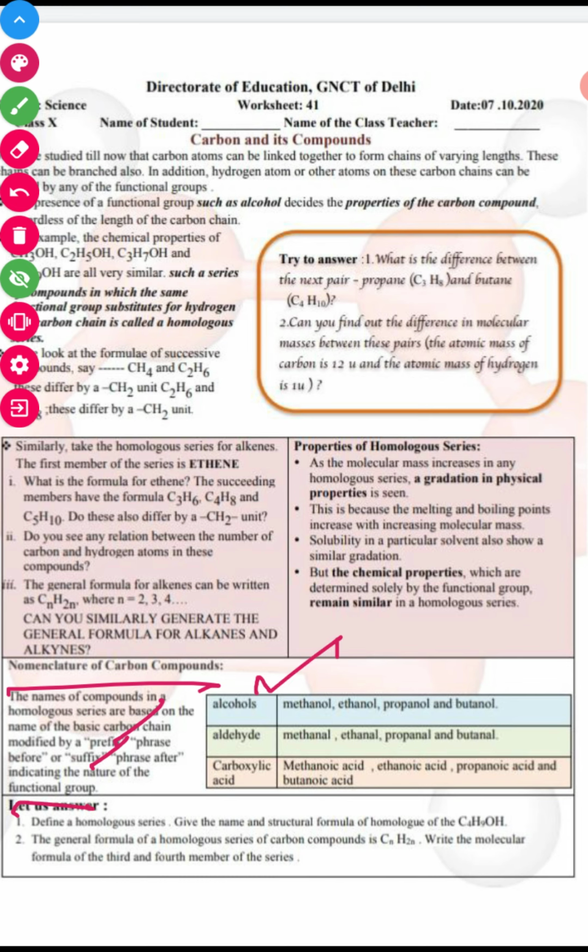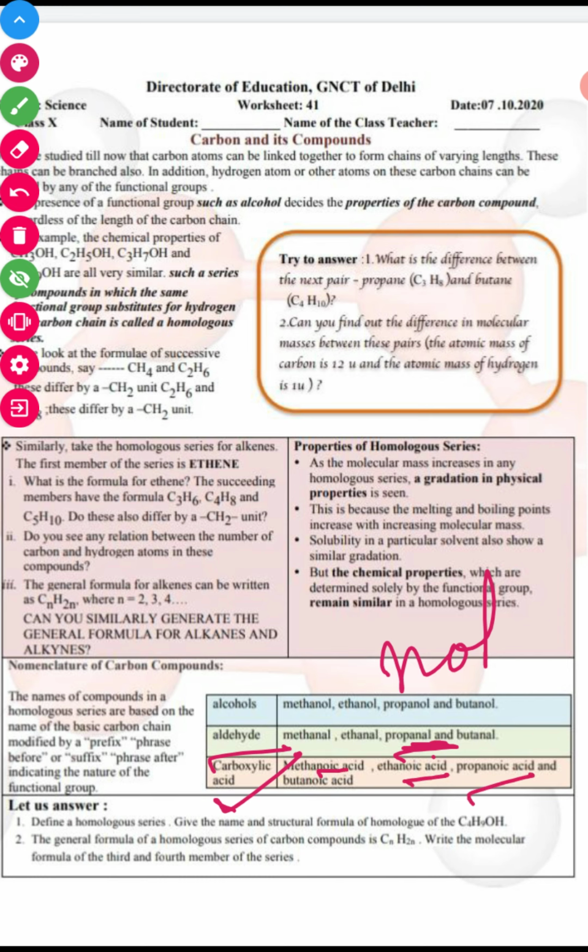If we have alcohol, it is named methanol, ethanol, propanol, butanol. If it is aldehyde, it is called methanal, ethanal, propanal and butanal. There is a difference: in the case of alcohol it is 'nol', but in the case of aldehyde, it is 'nal'. For carboxylic acid, we have methanoic acid, ethanoic acid, propanoic acid, butanoic acid, etc.